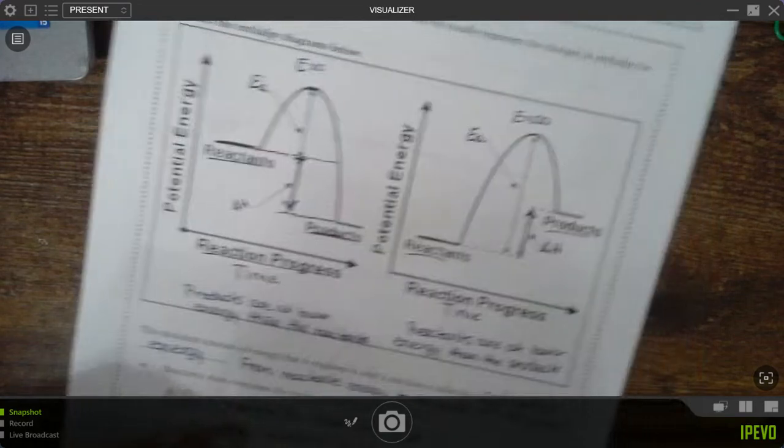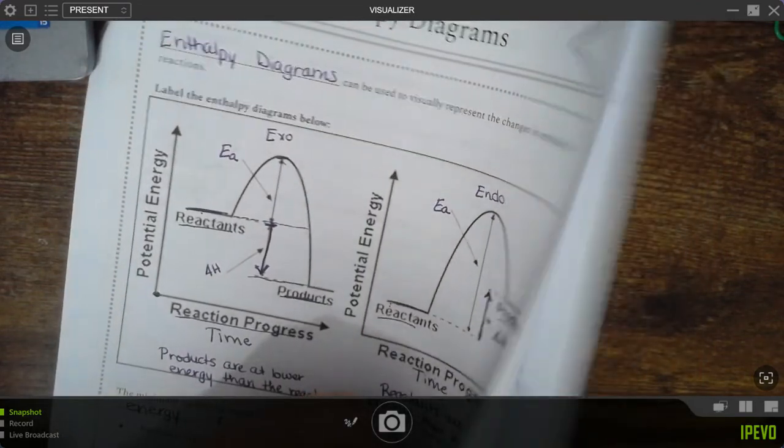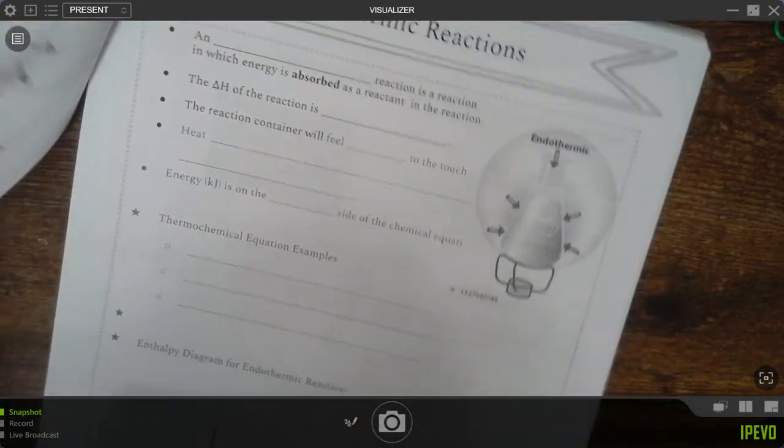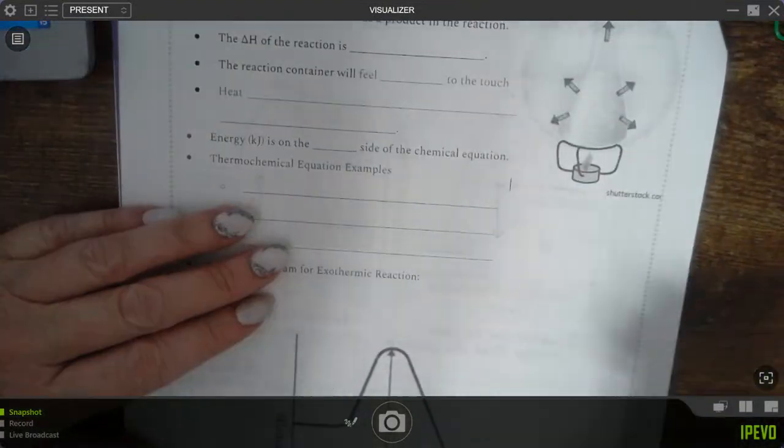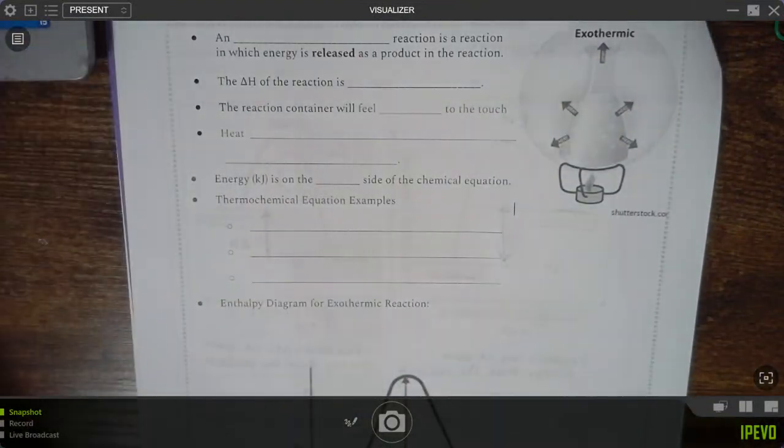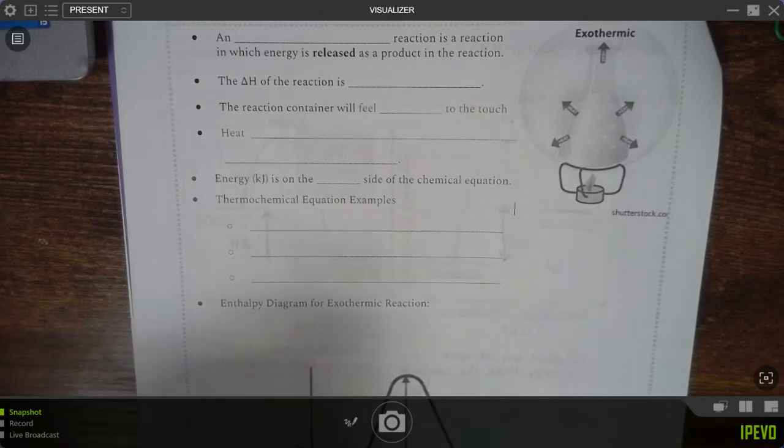Now, we keep saying these two words, endothermic and exothermic. Let's talk about what endothermic and exothermic mean.